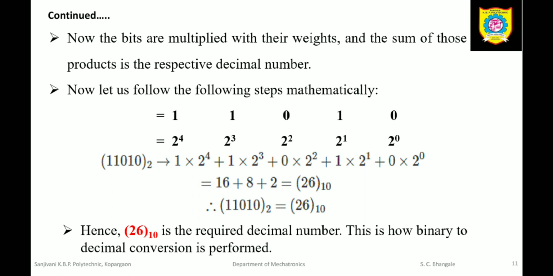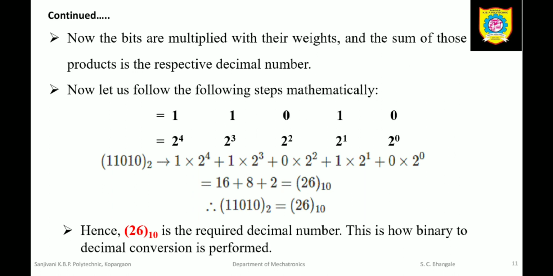For this we multiply each bit with its power of 2 and then add. So we get 1 into 2 raised to 4 plus 1 into 2 raised to 3 plus 0 into 2 raised to 2 plus 1 into 2 raised to 1 plus 0 into 2 raised to 0. If we calculate this, we get 16 plus 8 plus 2, that means 26 to the base 10.